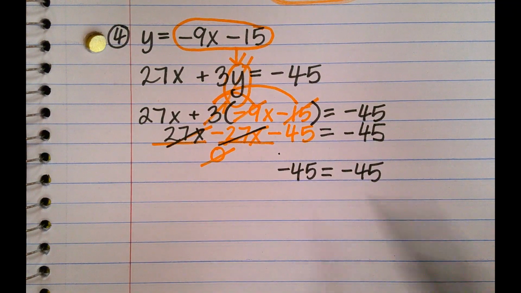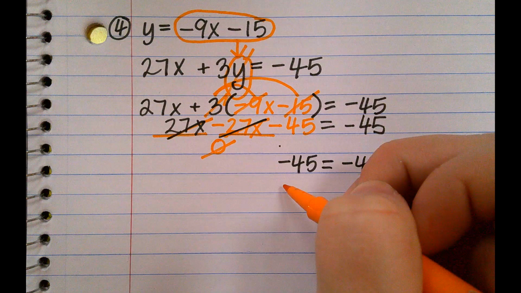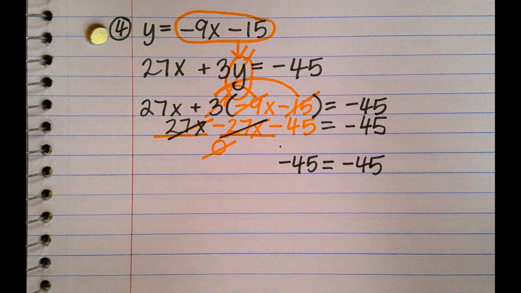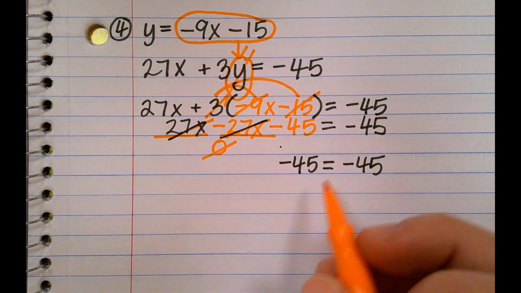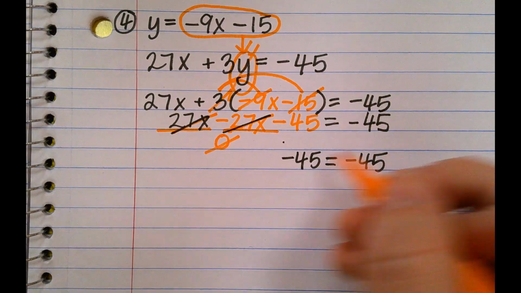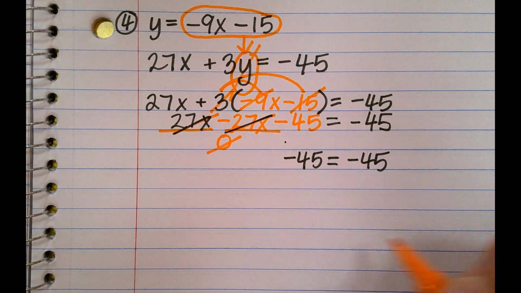If I wanted to, I could take it a step further. What if I wanted to get rid of negative 45? I could divide by negative 45. I could add 45. I could do a million things. For the sake of this becoming 0, I'm going to add 45. Are we okay with that?